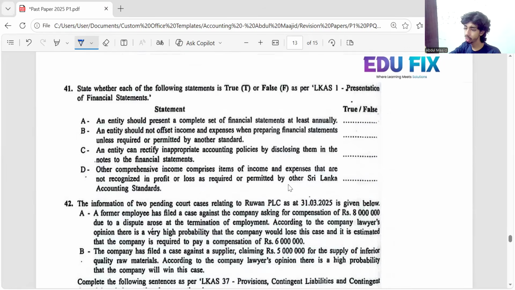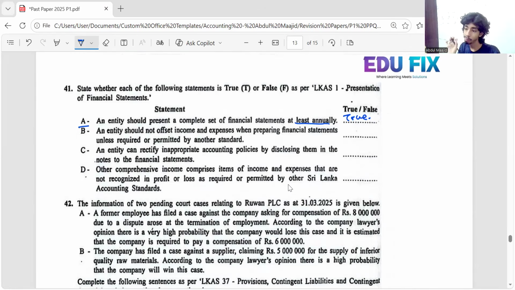Then 41, state whether each of the following statements is true or false as per LKAS 1. An entity should present a complete set of financial statements at least annually. True. Okay. You can prepare your statement monthly, for a quarter, or for 6 months.